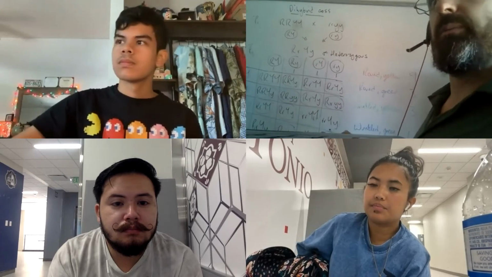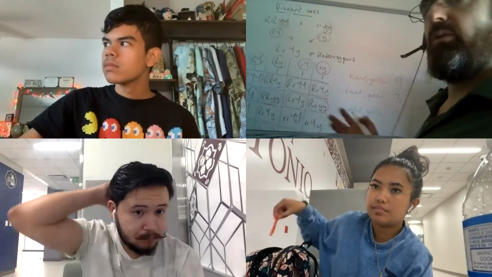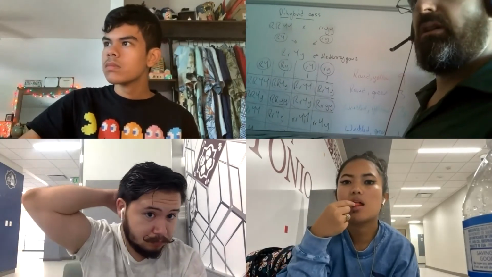And obviously the other non-specific assumptions: no mutations, no selection, and random reproduction. This is what you'll get. So if you see a 9-to-3-to-3-to-1 ratio in the offspring, say you have, I don't know, 91, 28, 33, and 11 for the different phenotype combinations, it's a dihybrid cross.